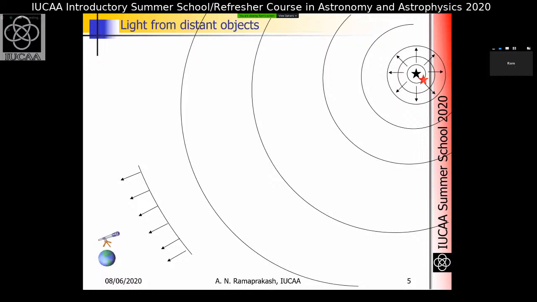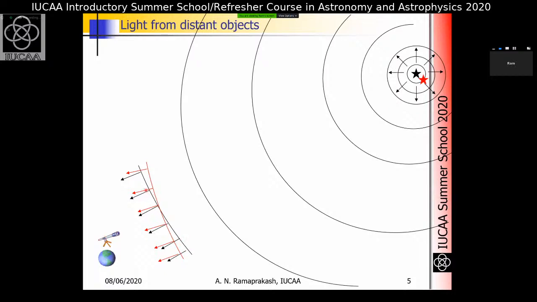Now, how does this work? How does the light from this star arrive on Earth? To do that, I have to draw similar spheres, and those spheres expand away. But now, the red surface here, although it arrives on the telescope along with the light from the black star, and although it is very close to a plane surface, it is centered on the red star, while the black wavefront is centered on the black star.